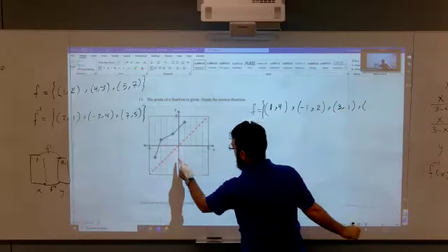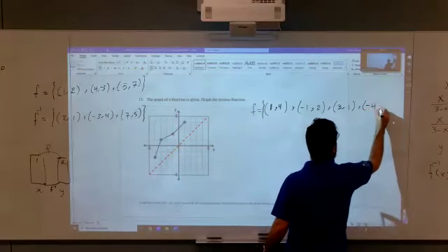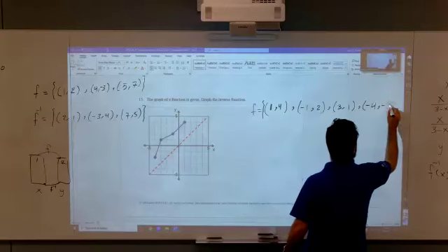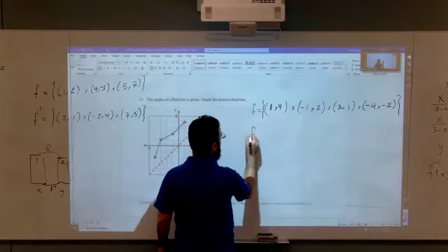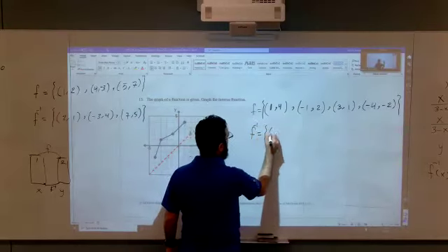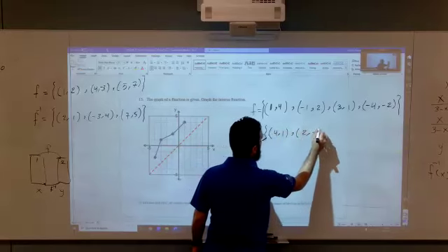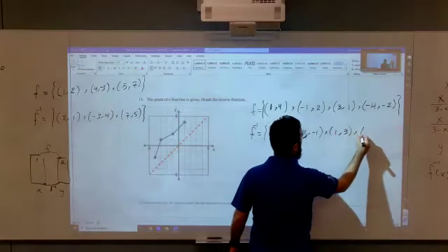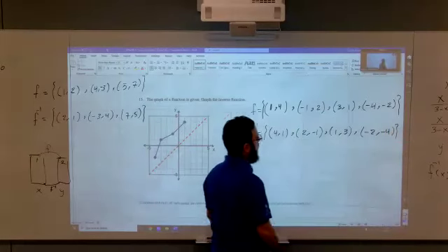And the last point is going to be 1, 2, 3, 4, that means (-4, -2). So here are the points. The inverse is going to be (4, 1), (2, -1), (1, 3), and (-2, -4).